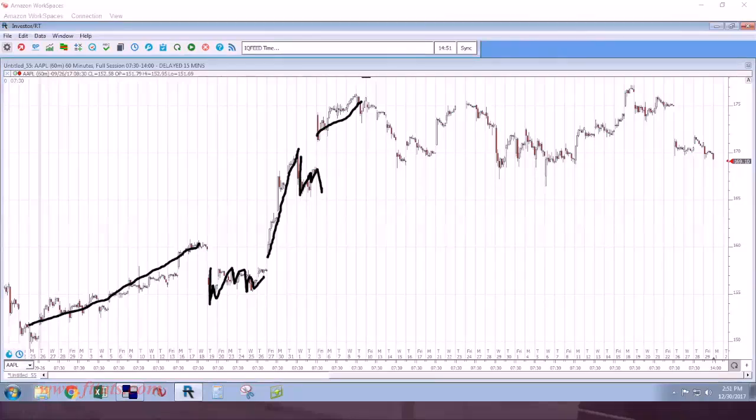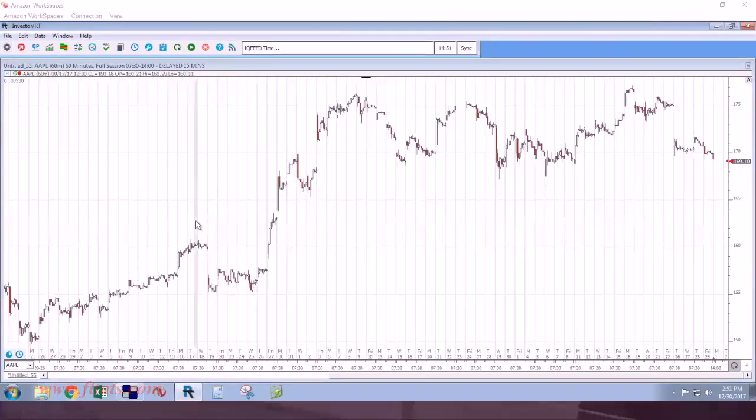This is crucial. Look how clean this chart is. I don't have anything on here but price. That's it. And I'm already better than almost every person out there who's trying to say price is going to do this, price is going to do that, because these behaviors occur over and over again.